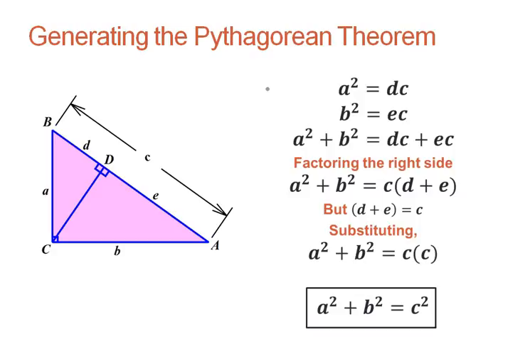This is fantastic. We haven't assumed that the Pythagorean theorem was true to get to this. We actually started using only the rules of right triangles and similar triangles, and we have generated the Pythagorean theorem to prove it beyond a shadow of a doubt. This is one of hundreds of proofs of the Pythagorean theorem.